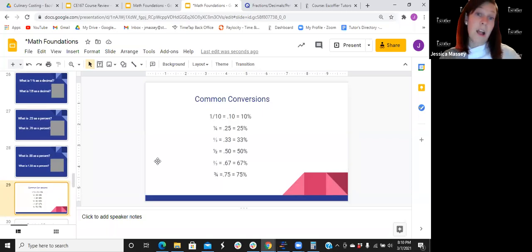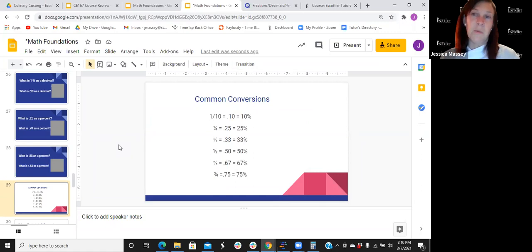This is, again, if you want to take a picture of this, great info to have. These are a lot of common conversions you will be doing in culinary. This comes up a lot when you're getting into recipes, like a 1/4 cup, 1/4 of a gallon, a 1/2 gallon, 1/2 pound, whatever have you. These are common ones to just know.